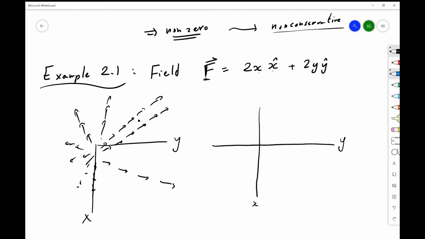It has no Z component, meaning the vectors lie only on the XY plane. So if you move in the Z axis, you get the same thing. It repeats at every plane, at every height Z. You get this radially outgoing field from the origin. Okay.